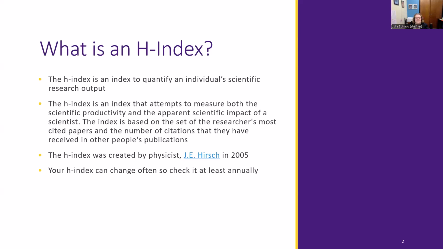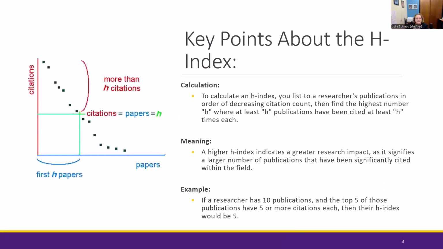Your H index can change often, so check it at least annually. I would recommend checking it every time you have something published, but annually at least. The H index actually is not a difficult calculation if you wanted to do it on your own.